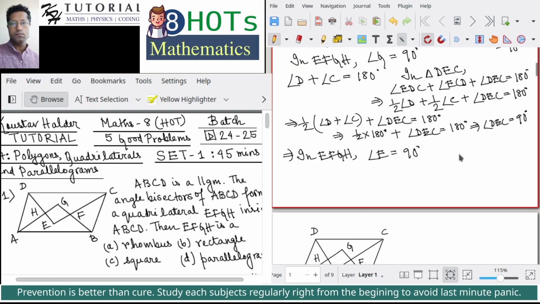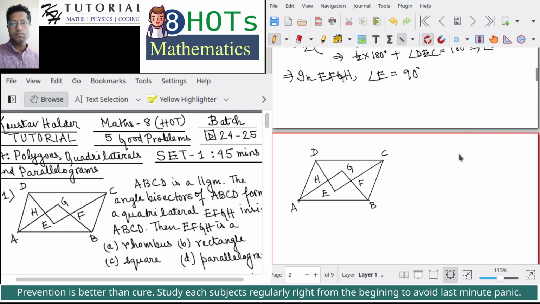Now, I have another reference diagram. Again, in triangle AHD, we will have angle HAD plus angle HDA plus angle AHD is equal to 180 degrees.